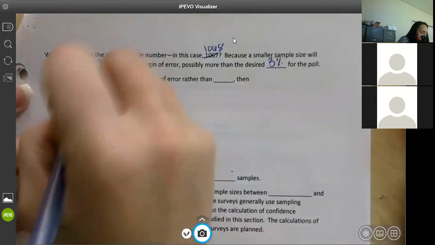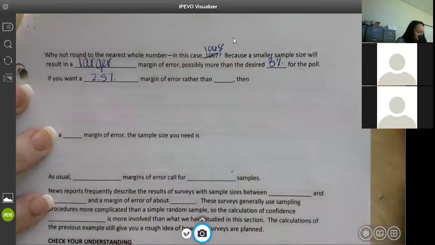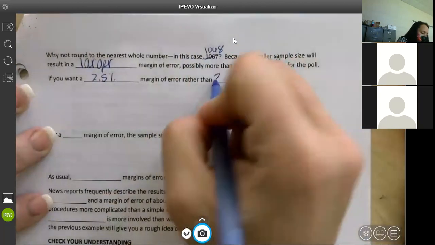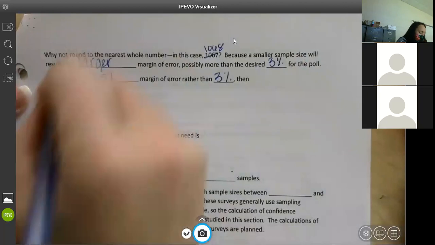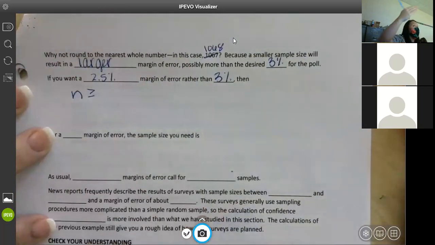So if you want a 2.5% margin of error rather than 3%, then n has to be greater than or equal to... This next part is that formula that I just wrote.